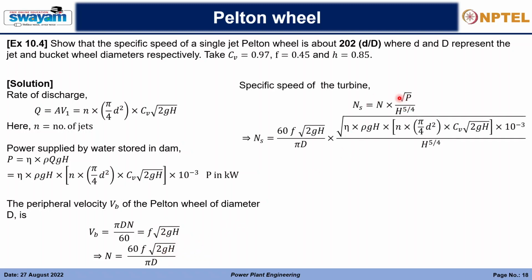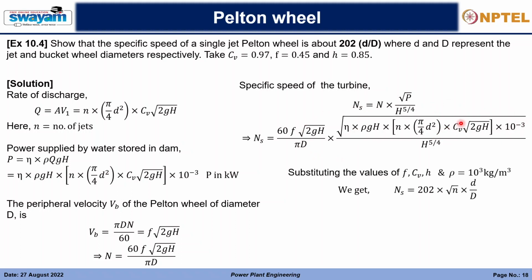Finally we put these equations, the power supply, the head and also the RPM, into the specific speed equation, and this is the whole big equation that we get. Finally we substitute the values F, Cv and H that are already given, and we will find that Ns is equal to 202 into root n into d by capital D.